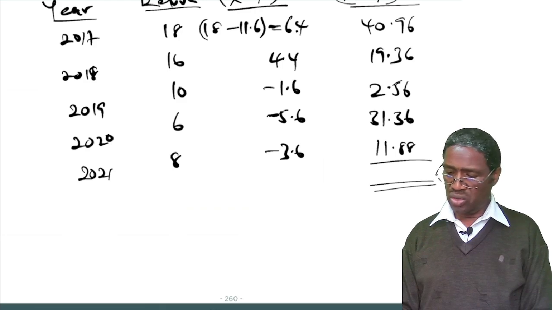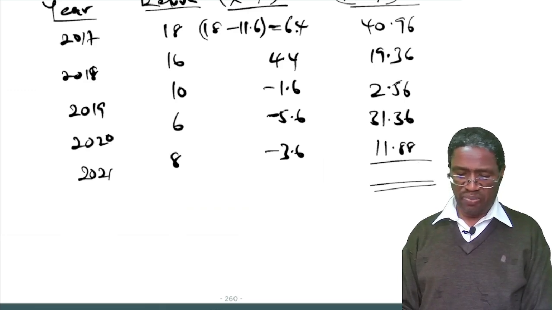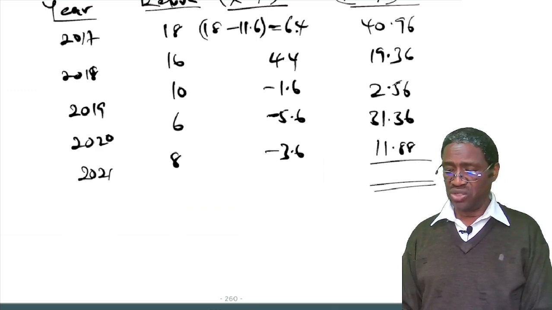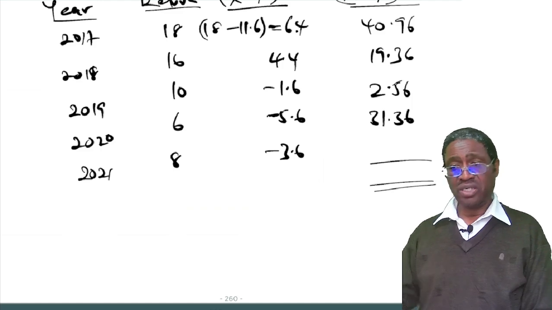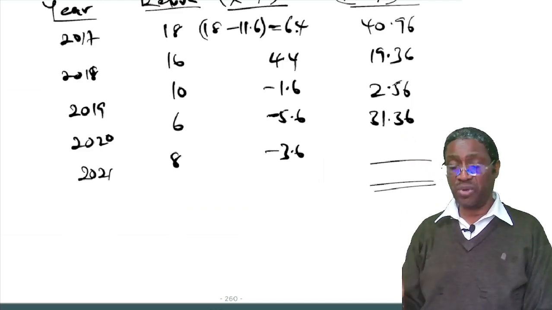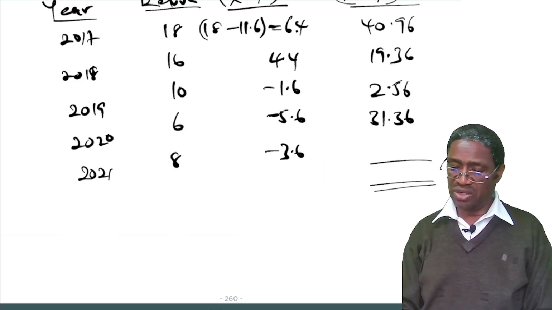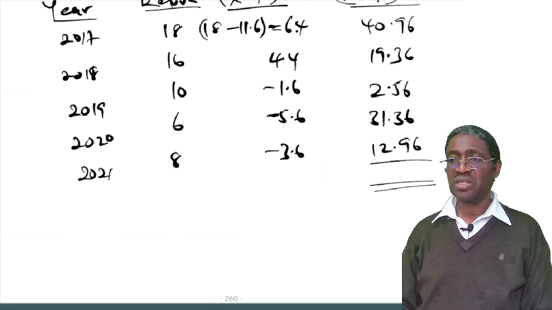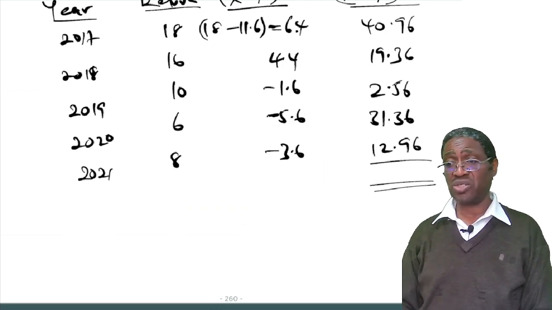Just a minute. I've picked the wrong figure here. 3.6 times 3.6, I've done the wrong one. The last one is not 11.88. Make that correction please: 3.6 times 3.6 is 12.96. Sorry for that correction.